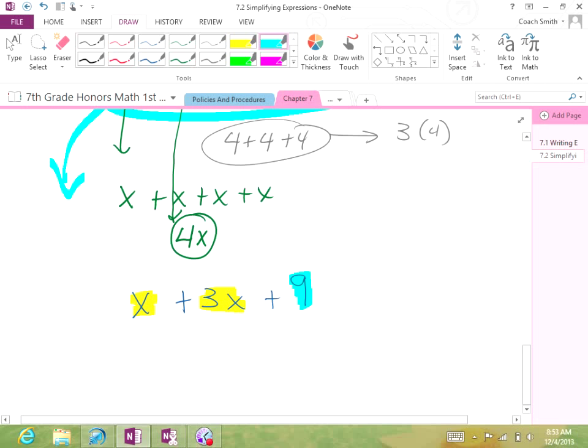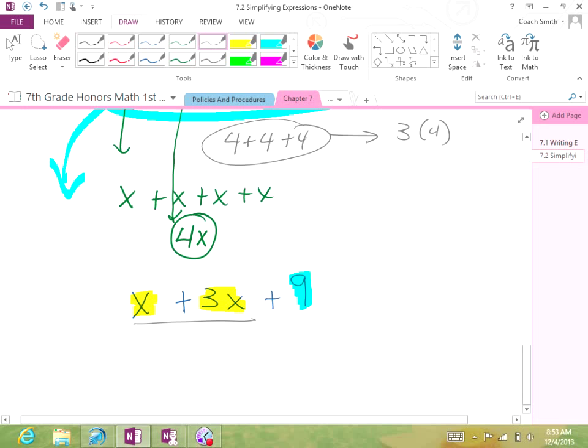It is a constant. The only thing that the constant has in common with any others is it has to be another constant. A constant has to be a number by itself. Remember, this is a coefficient. It is not a constant anymore. Since I'm taking 3 and multiplying it by something that varies, I can't have a constant. Okay? So, these two are the same, so I can put those two things together.